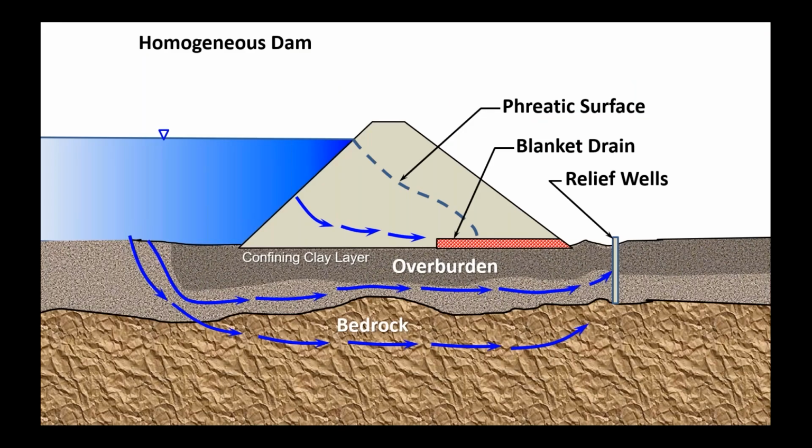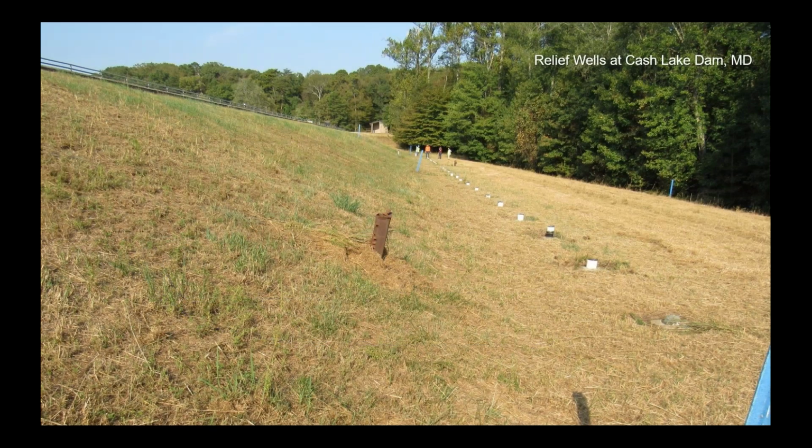So what engineers will do, if you have a case like this, one of the solutions is to put in relief wells, and that will intercept that seepage and collect it and safely discharge it away from the dam, so that you don't have these boils and seepage uncontrolled at the surface. And so if you have a dam with relief wells, it may look something like this.